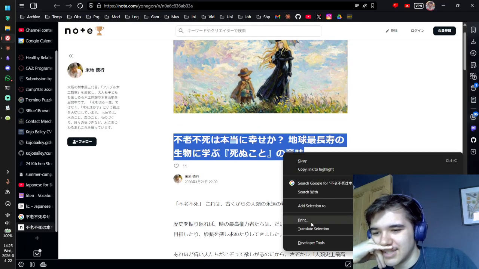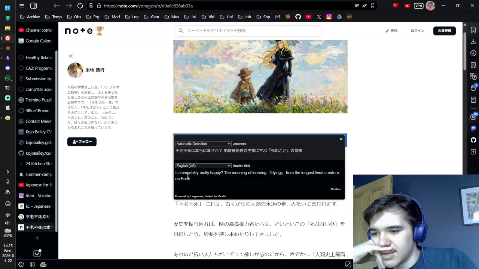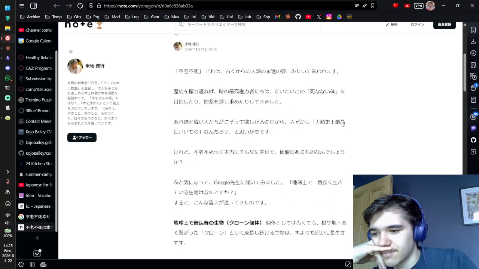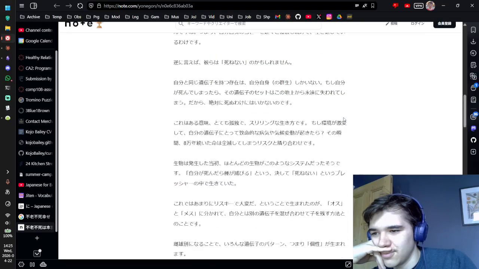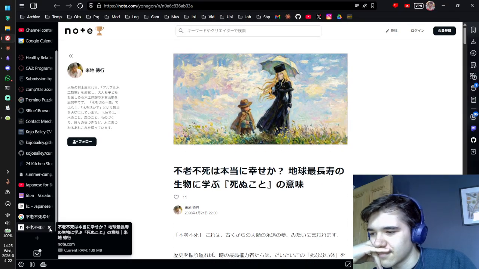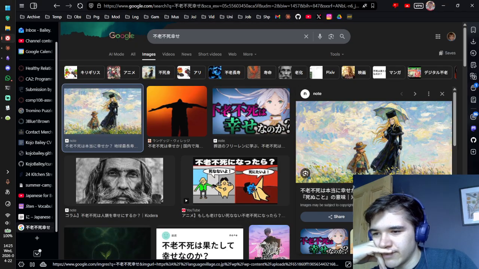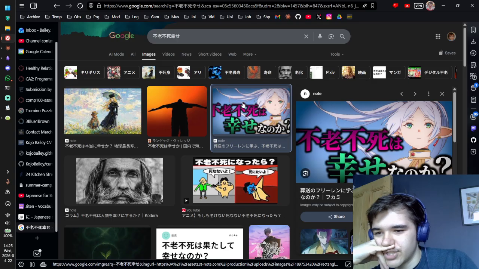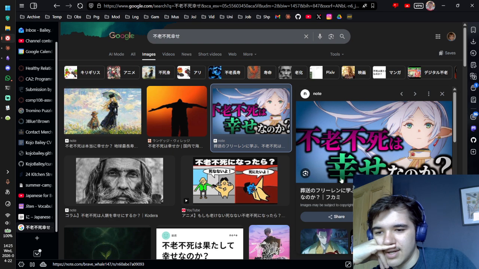That's cool. Let's translate that part. The meaning of learning dying from the longest lived creature on earth. Cool. Literally the name of an article. Furofushi wa shiawase. Shiawase nano ka. This is different. This has nano. Nano ka. Shiawase na makes it a verb no. Which is kind of weird, but.